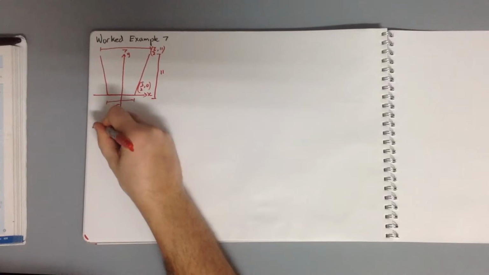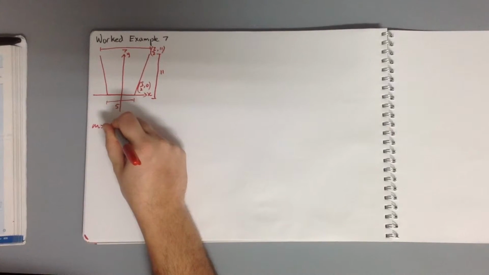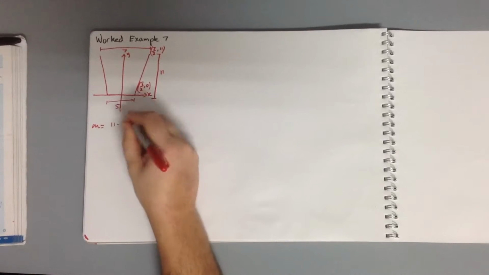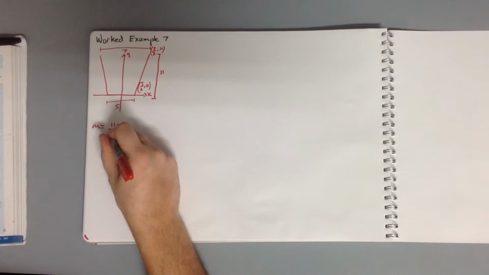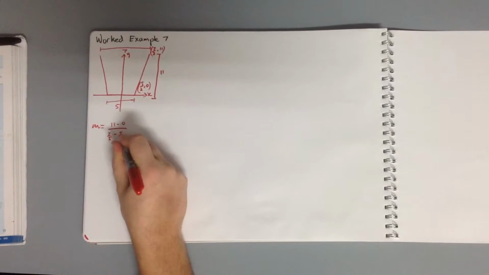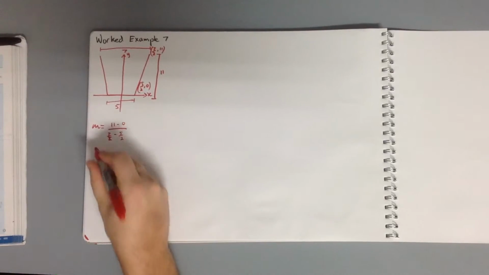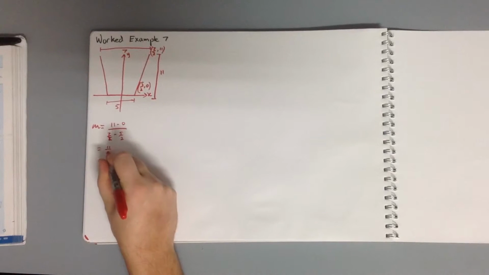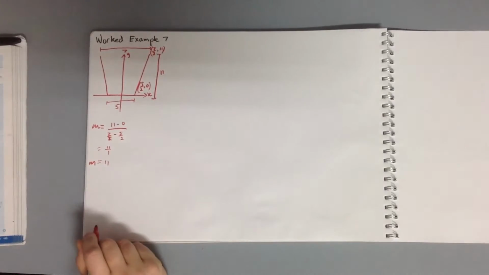So our m is our rise, which is our y2, which is 11, minus our y1, which is 0, over our x2, which is 7 on 2, minus our x1, which is 5 on 2, which is simply going to be 11 on 1, or just 11. So m is going to be 11.